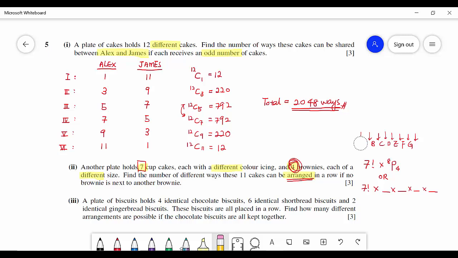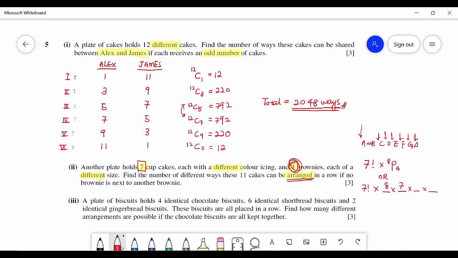The first brownie, you're having 8 different spaces it can be put in, 1, 2, 3, 4, 5, 6, 7, 8. If you put the brownie here, that means you have to delete this space already. So for the second brownie, you are having 7 remaining spaces.